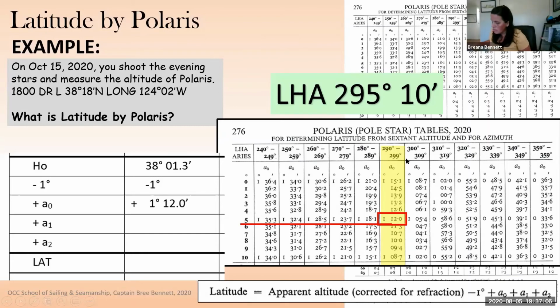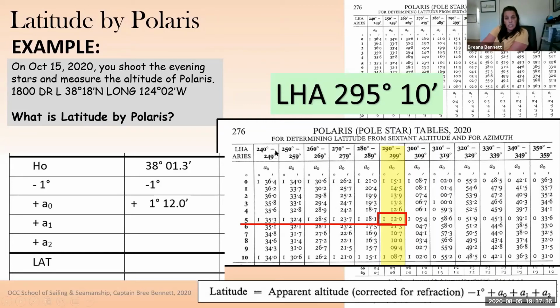So that is going to be, for me, on page 276. So we're in that column the whole time. I might put something next to it, so I know I'm going to be somewhere in that column.